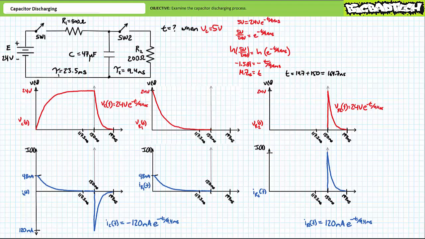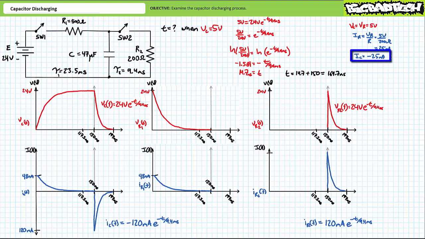However, there is a much, much easier way. If we know voltage across the capacitor to be 5 volts, this means voltage across R2 must also be 5 volts. After all, it's a series circuit with only two elements. When 5 volts is applied across a 200 ohm resistor, Ohm's law demonstrates 5 volts over 200 ohms, or 25 milliamperes of current, will be traveling through it.